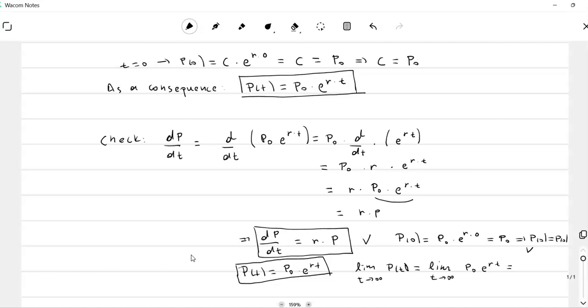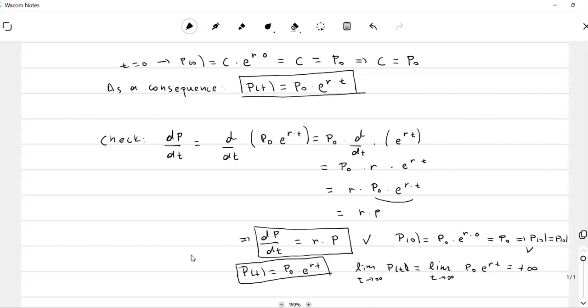Of course, you have the exponential for t going to infinity. This goes to infinity. So from here, we can deduce that this is not a very sufficient model in order to model the population, because for increasing t, this whole thing blows up.